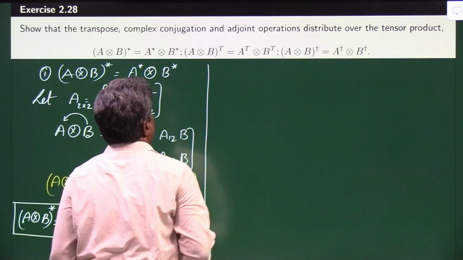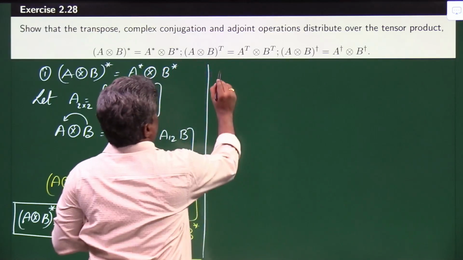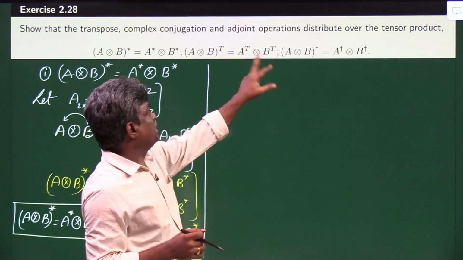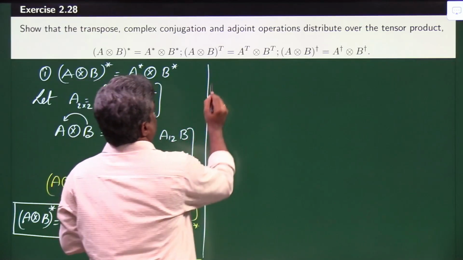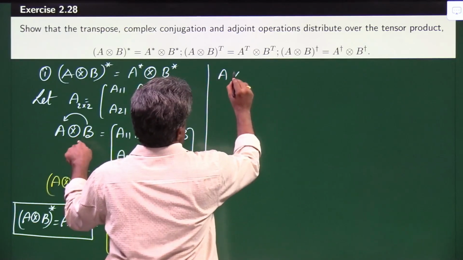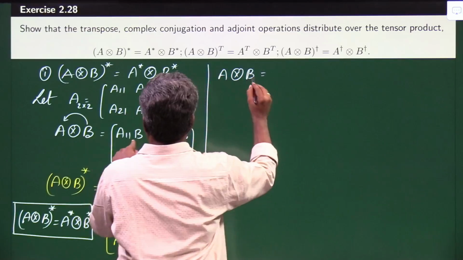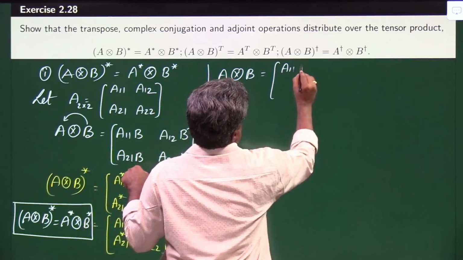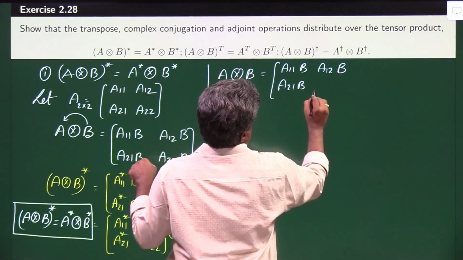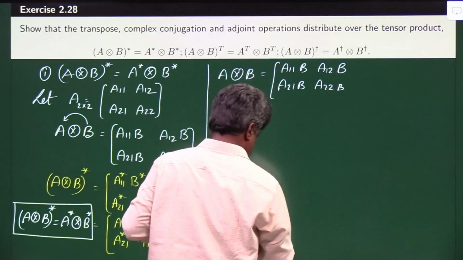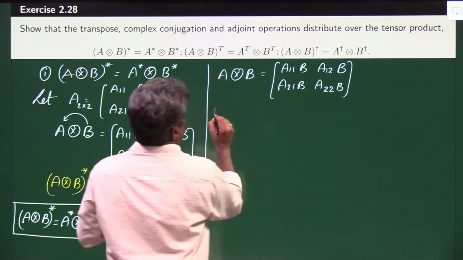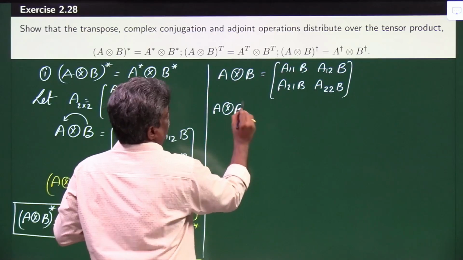Next, second one. Second one, he's asking the transpose. So combined transpose is equal to individual transposes and tensor product. Let us take again, we have already this A tensor B. Let me take that one more time. A11B, A12B, and this is A21B and A22B. So for this I am taking the whole transpose.